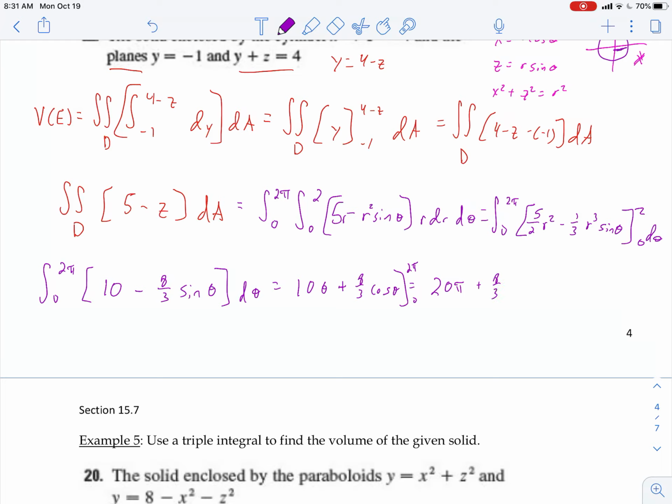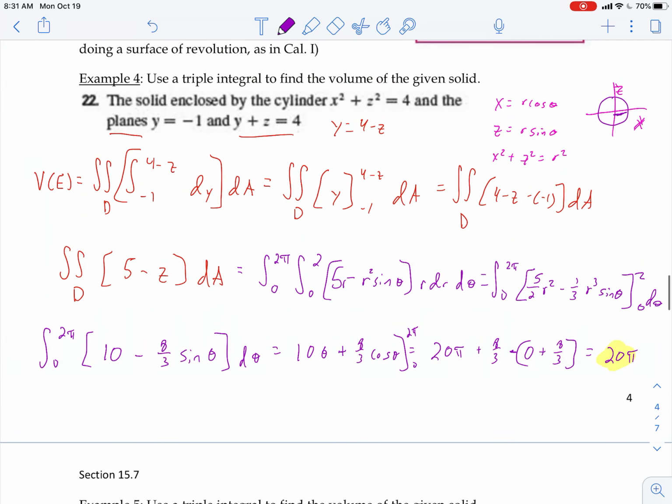We're going to get 20 pi plus 8/3, minus, plug in that 0, so minus 0 plus 8/3. 8/3 is going to cancel out, and we're left with just 20 pi.